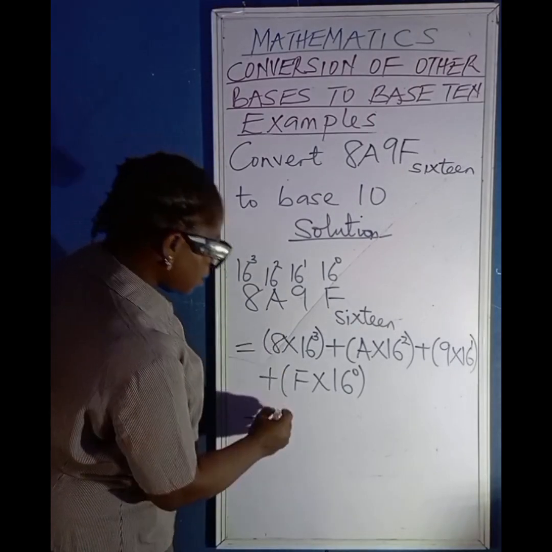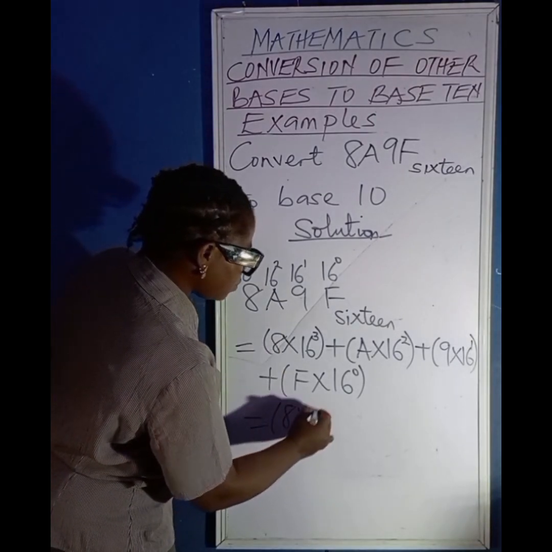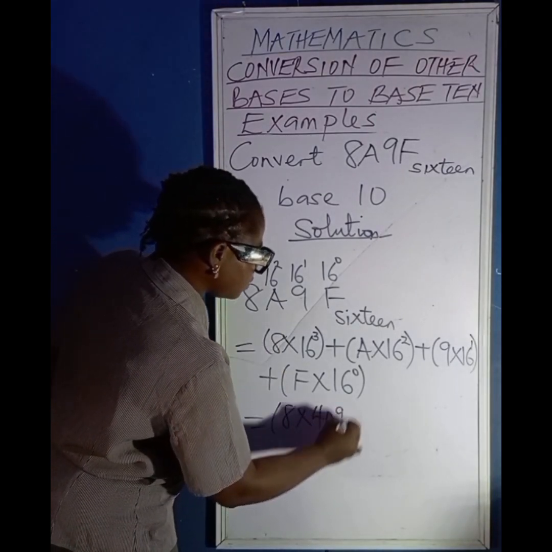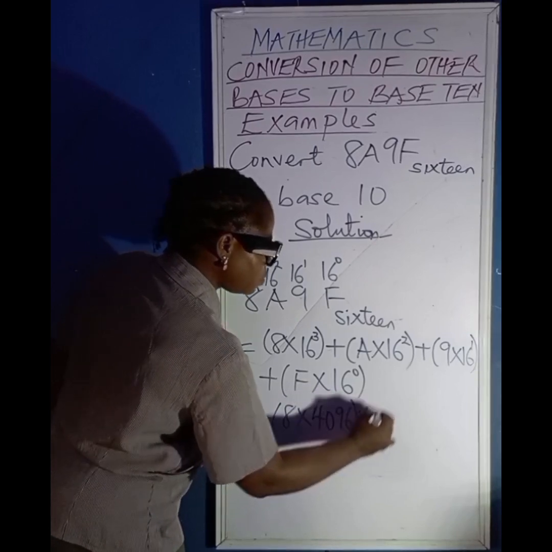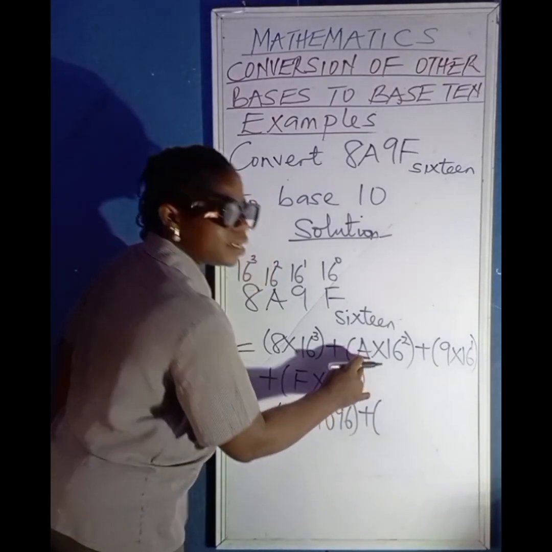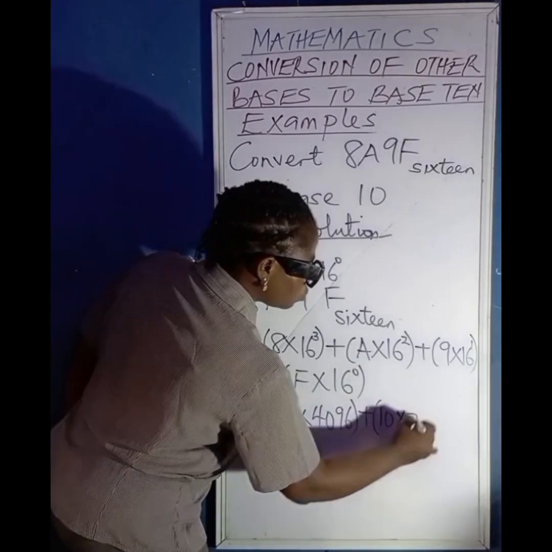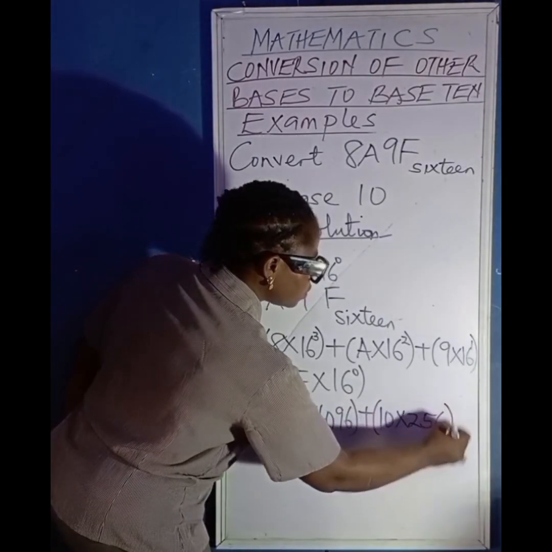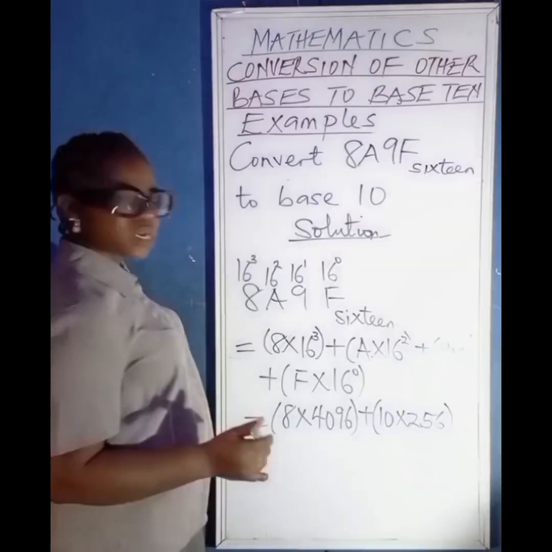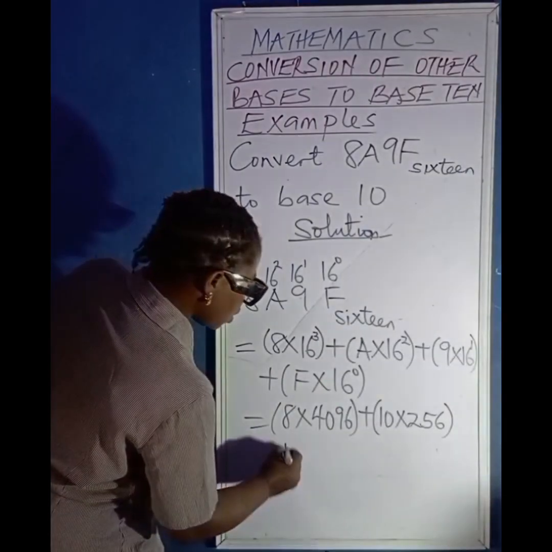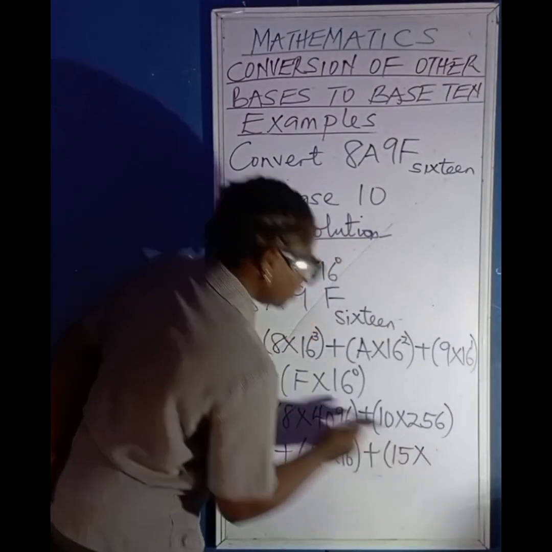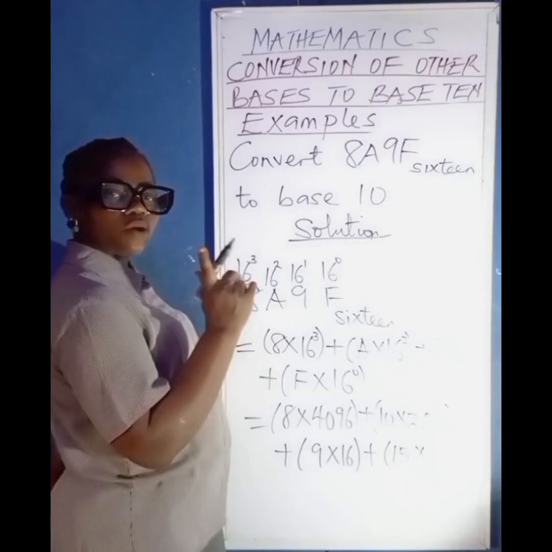Here we have 8 times 4096, plus A, which is 10, times 256, plus 15 times 1.